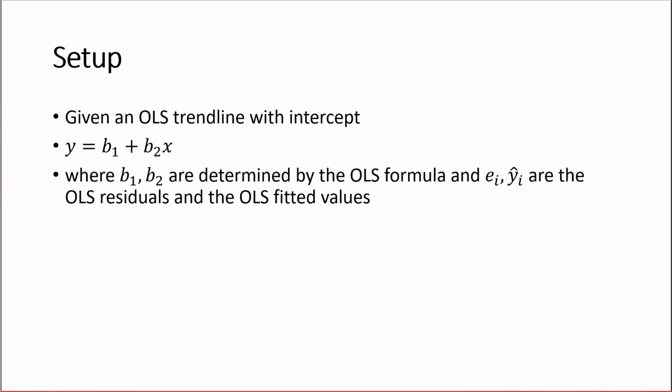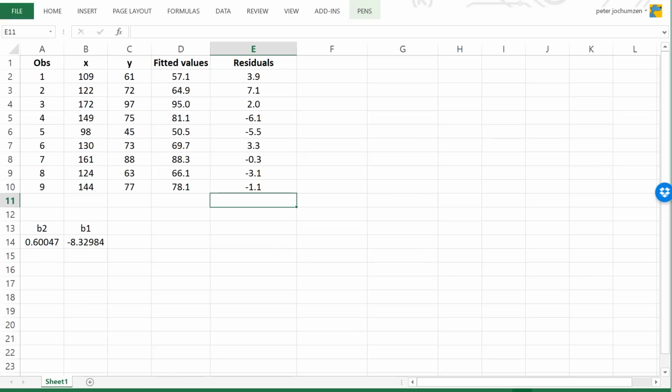From b1 and b2 we have calculated fitted values and residuals. So we have this standard setup where x is the number of hours the students have studied and y is the result on the final exam. b1 and b2 were calculated using the LINEST function, which calculates the OLS values for us. And then we have the fitted values and the residuals.